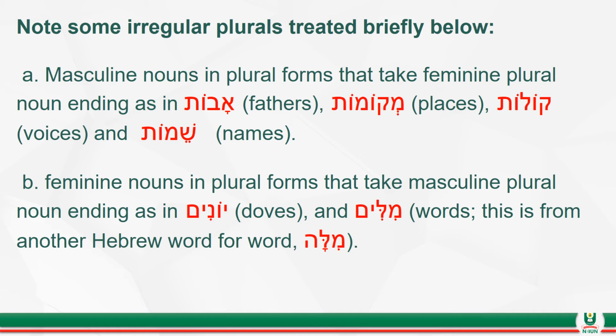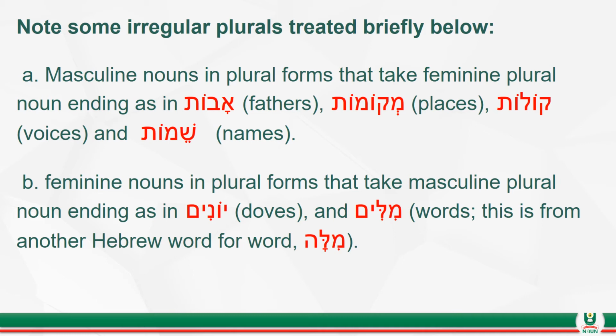Now, let us note some irregular plurals treated below. I have said there are exceptions or irregular nouns. The irregular nouns are those, especially masculine nouns, that instead of coming with the masculine plural ending im, come with the feminine plural ending ot.